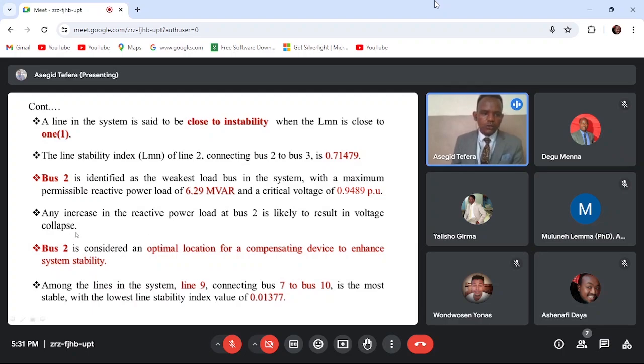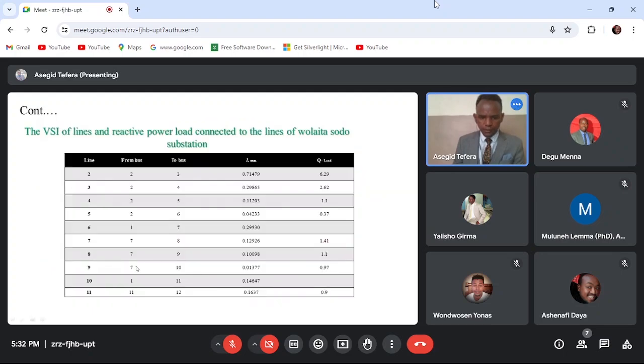So bus 2 is considered an optimal location for a compensating device to enhance stability. Among the lines in the system, line 9, connecting bus 7 to 10, is the most stable with the lowest line stability index value of 0.1377.